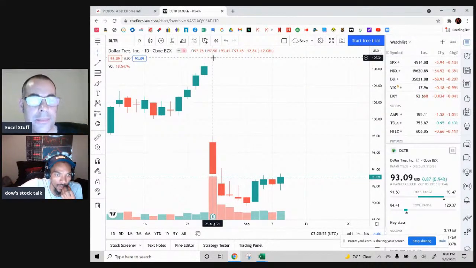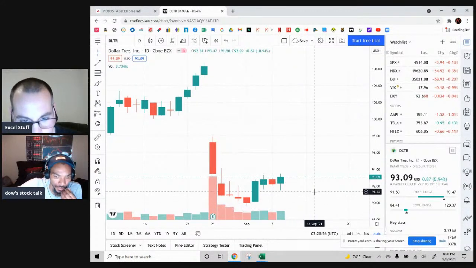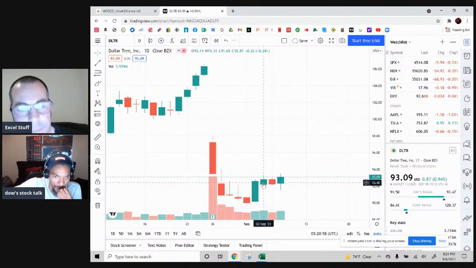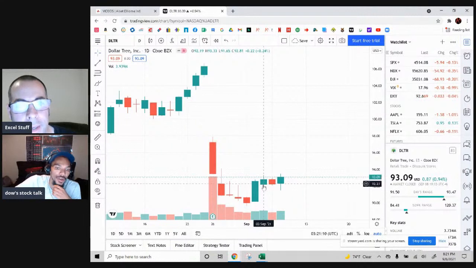This green one has a wick on top and bottom. The low was 91.65, that must be the bottom of the wick. And the high was 93.33, that's the top of the wick.